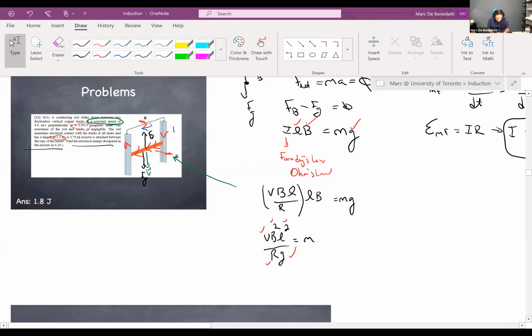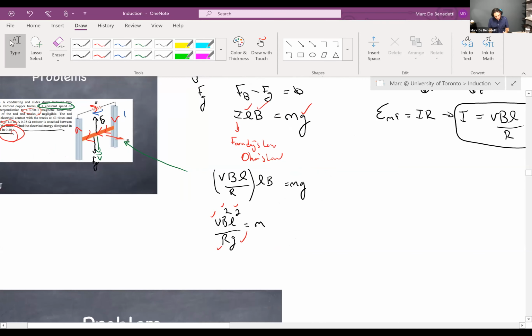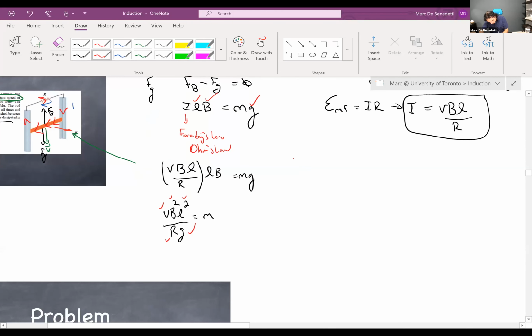Find the electrical energy dissipated in the resistor in 0.2 seconds, so in some amount of time. So here is actually where the analysis sort of diverges. You can do this two ways. Electrical energy is going to be power times time.